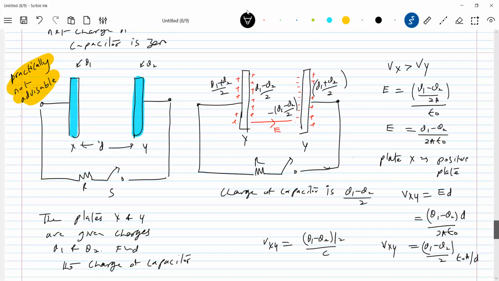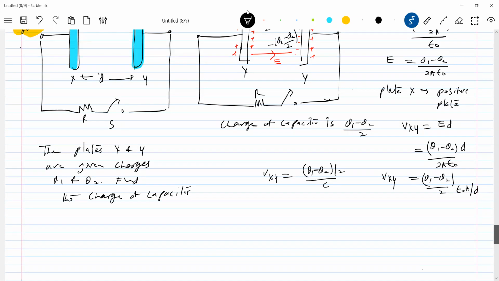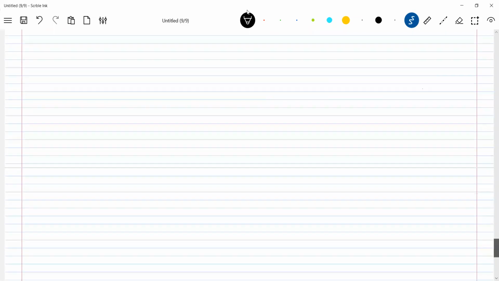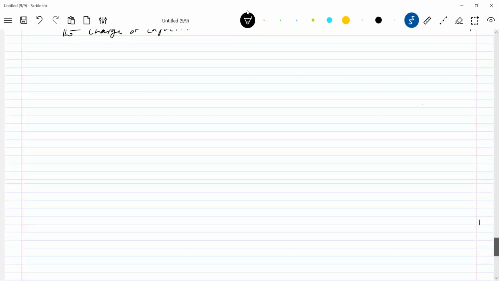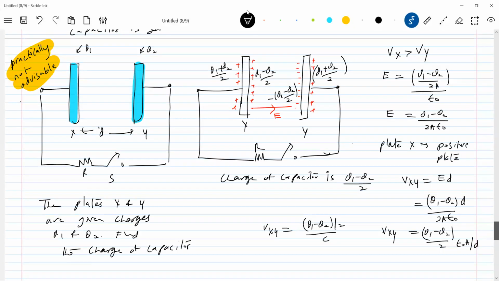What about the heat generated? I'll close the switch. So we'll move to the next part of the problem. Heat generated. After closing the switch, how much heat will be generated? What charge will flow here? Only the charge on the inner surface of the plates.